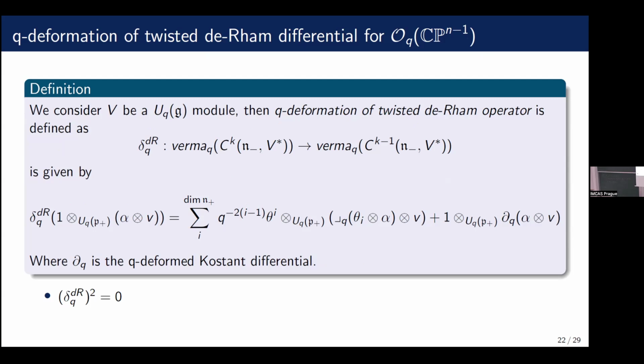You mean the preservation of the UQG action, if it is satisfying the action of UQG? That's the question. I will address this because it is a very interesting question which will lead to BGG.